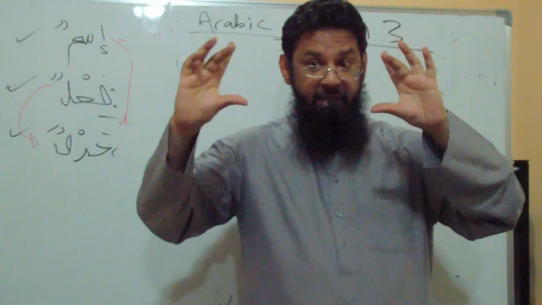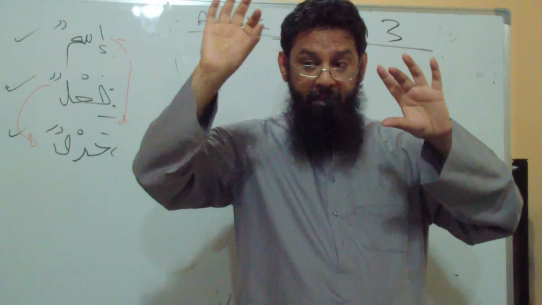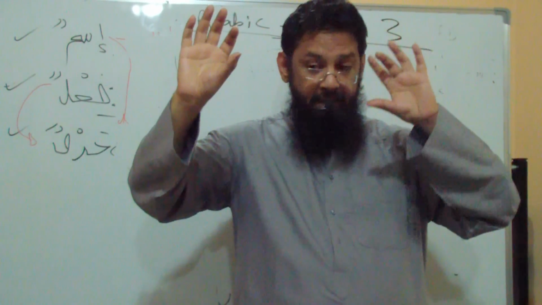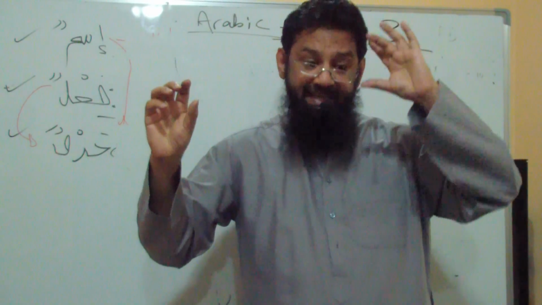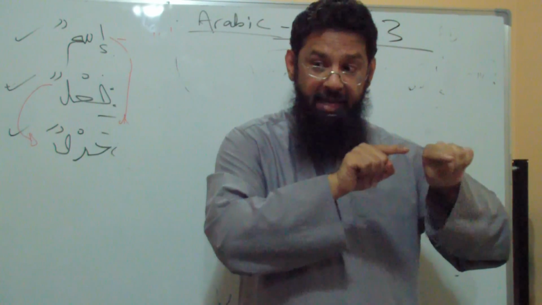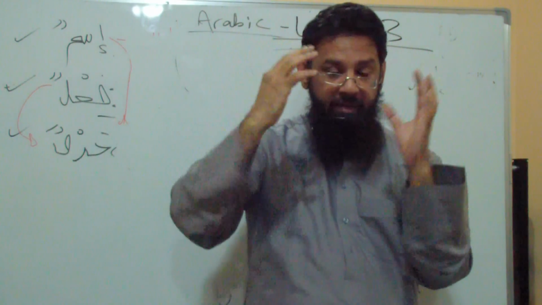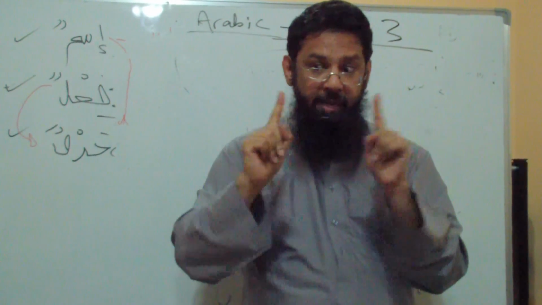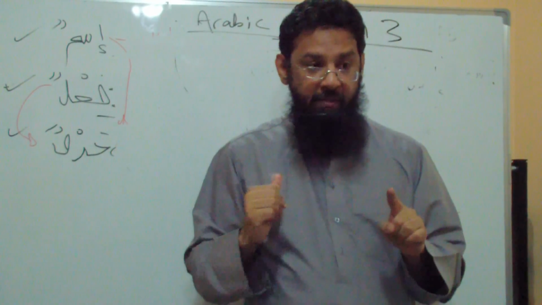So the first noun is normally going to be a dhamma without the definite article, and the second noun is always in the genitive with a kasra. That will help you to link up. There's a change in the case endings between the two. It might be an idafa, and we just did some examples of that.